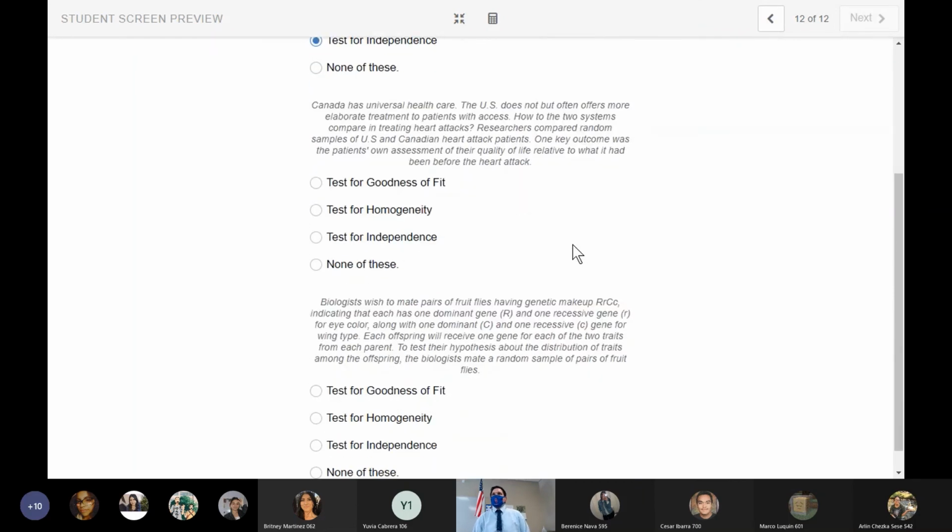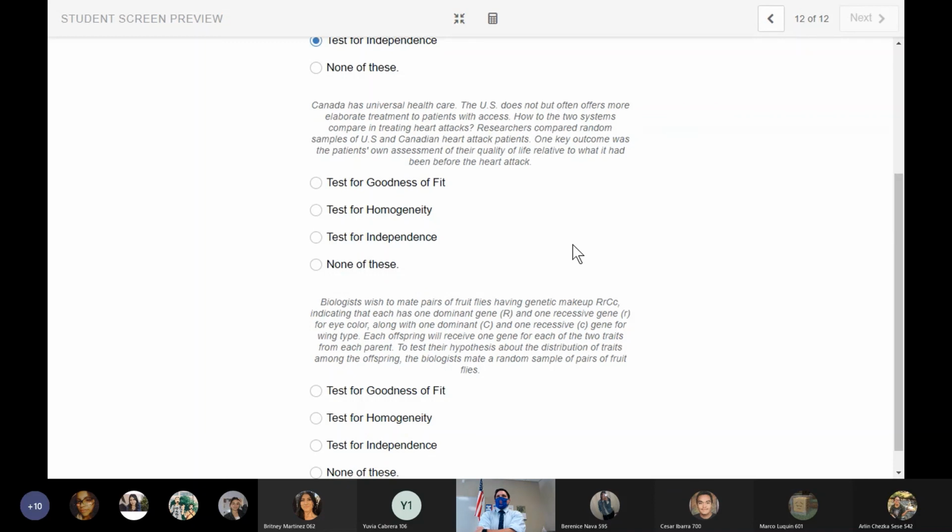The next one, Canada has universal health care. The US does not, but often offers more elaborate treatment to patients with access. How do the 2 systems compare in treating heart attacks? Researchers compared random samples of US and Canadian heart attack patients.